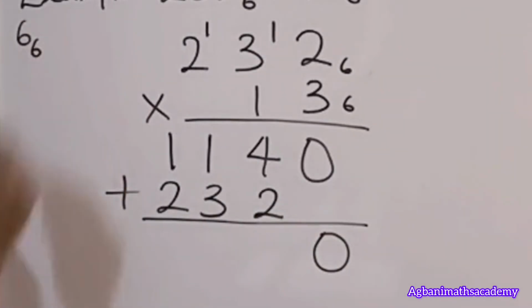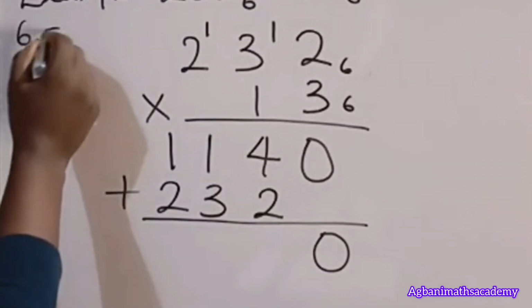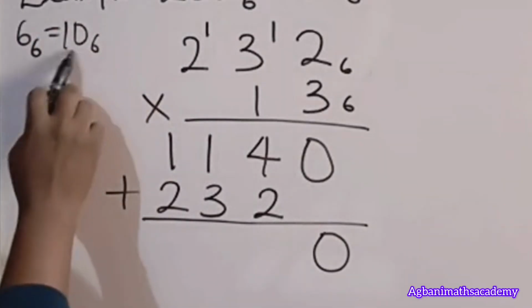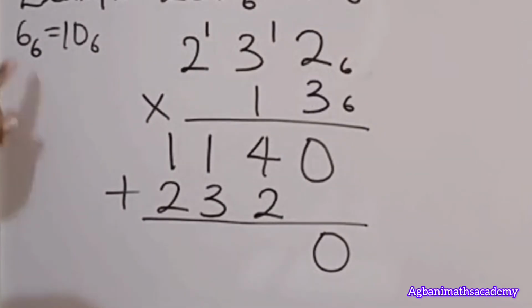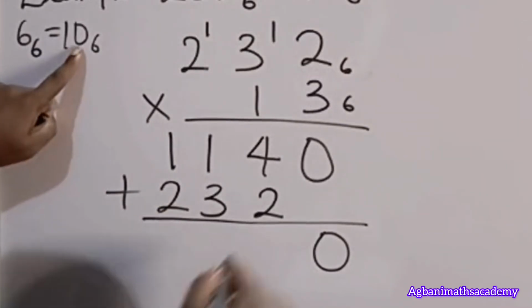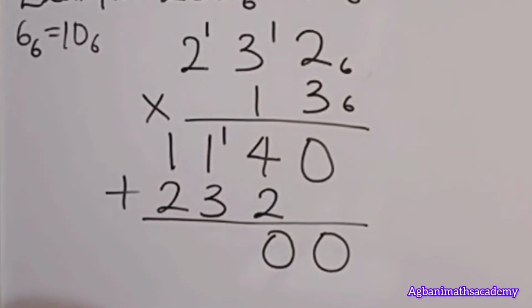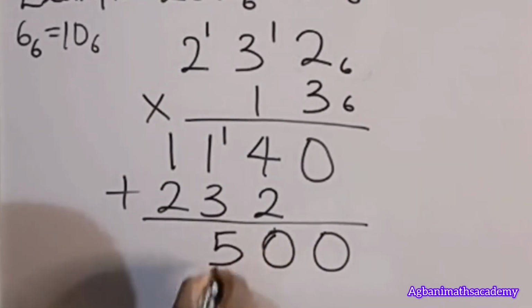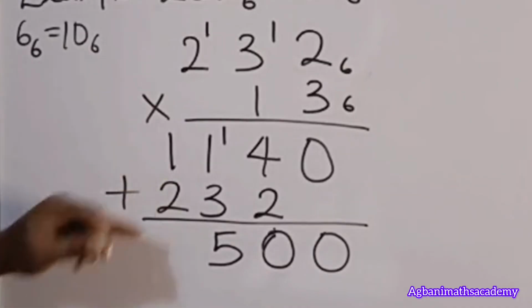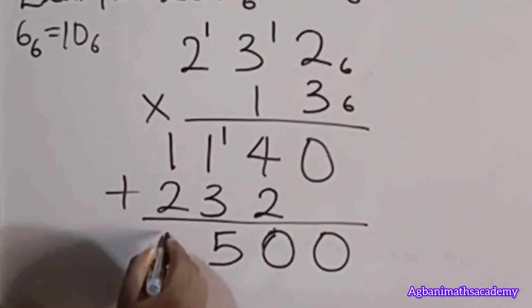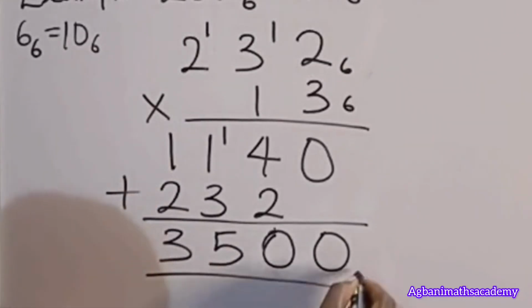We have already found out earlier that 6 base 6 is equal to 10 base 6. So we write 0 and bring 1 over here. 1 plus 1 gives us 2. 2 plus 3 gives us 5. So we have 5 here. And then 1 plus 2 gives us 3.